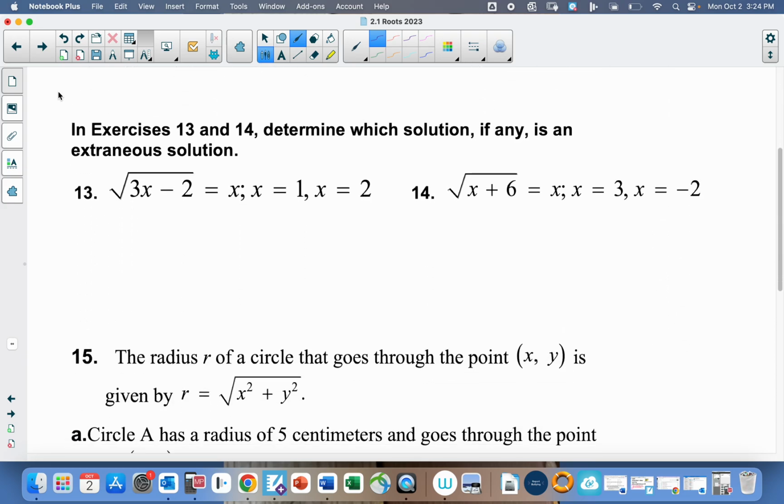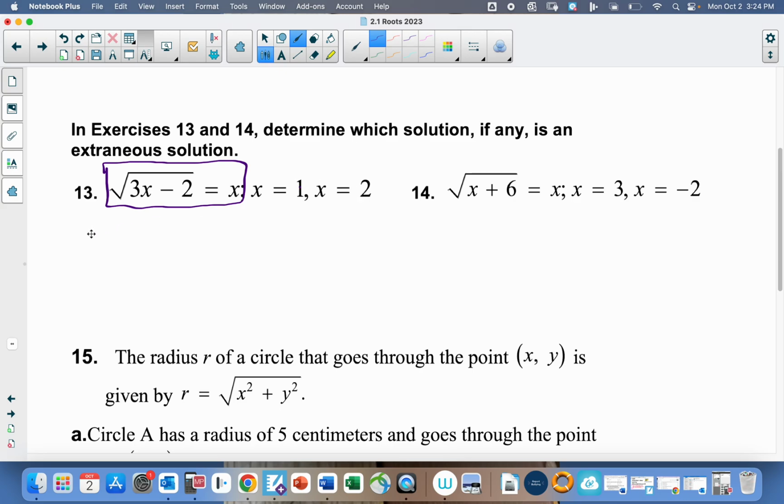On the back side for 13 and 14, please note that right here is the radical equation. And this is going to be something that you're going to see on your test, so I want you to get familiar. What they're asking is if x equals 1, if x equals 2, if any of those are extraneous solutions.